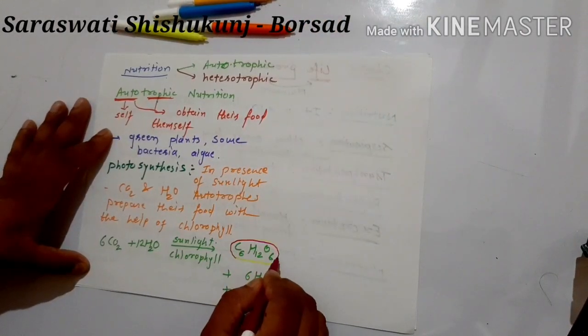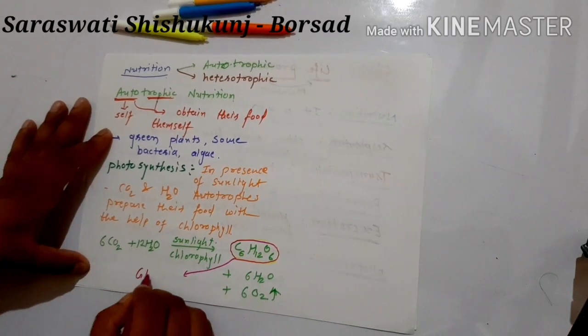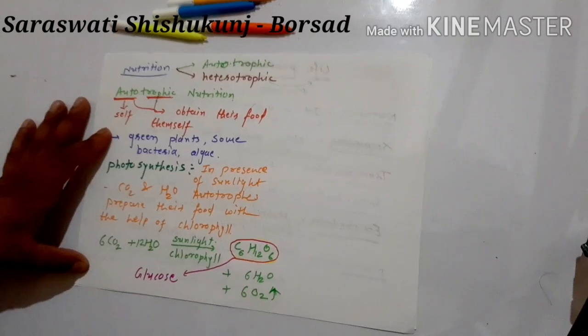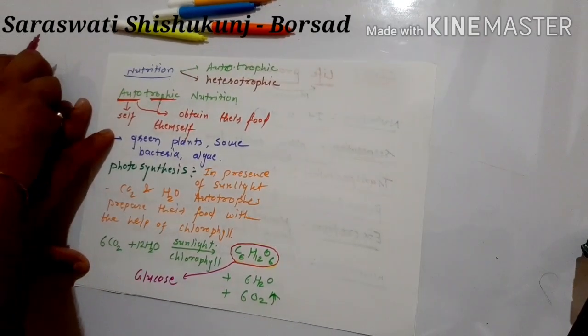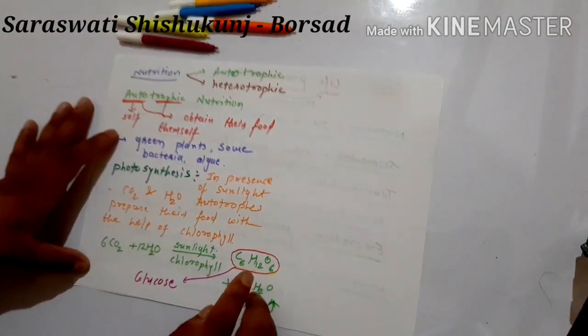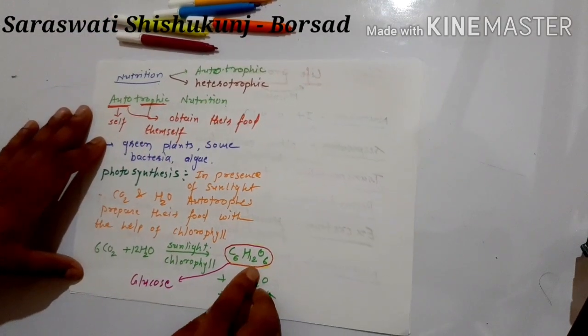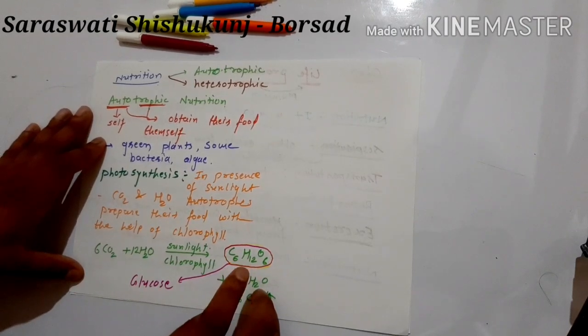It's one type of carbohydrate, right? This is our glucose. The carbohydrates are utilized for providing energy. This glucose gives us energy.